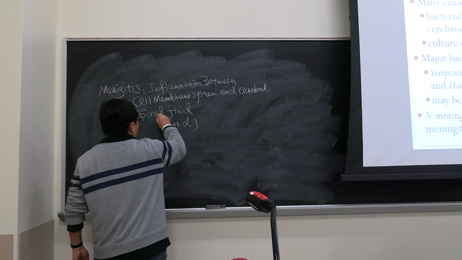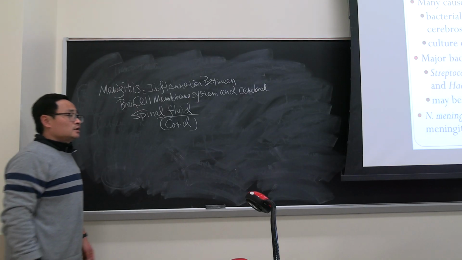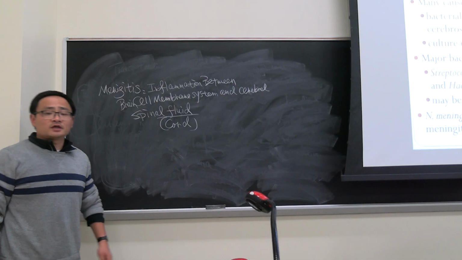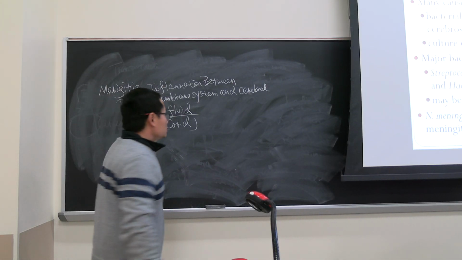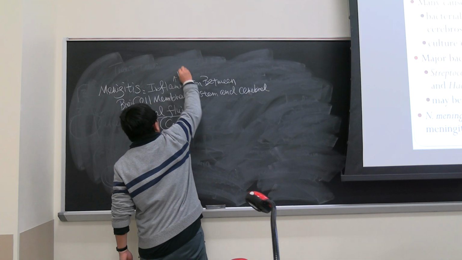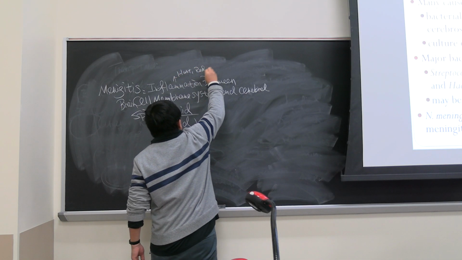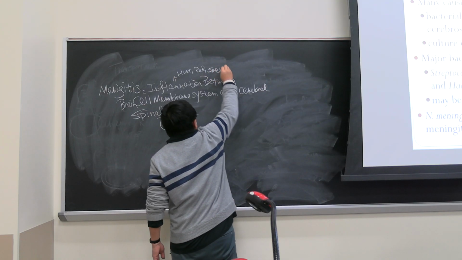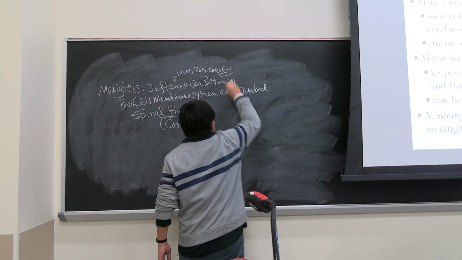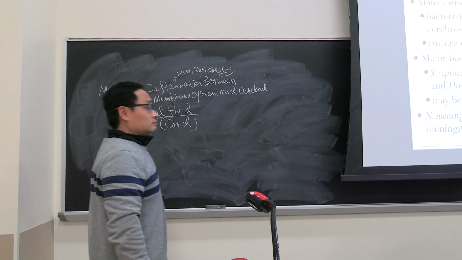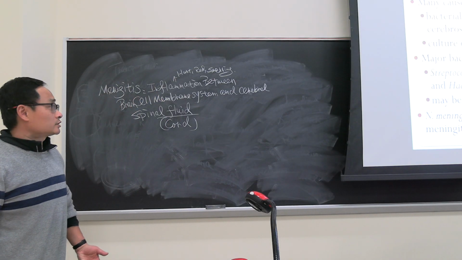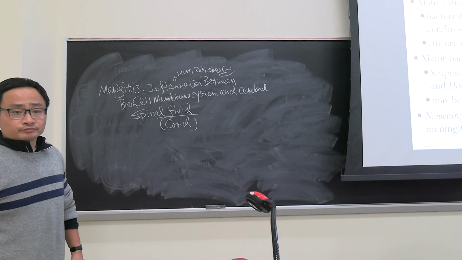The sample we get is called spinal fluid. So what does inflammation mean? Think about when you sometimes feel hurt. It looks red. It's swelling. That's what the symptom looks like.